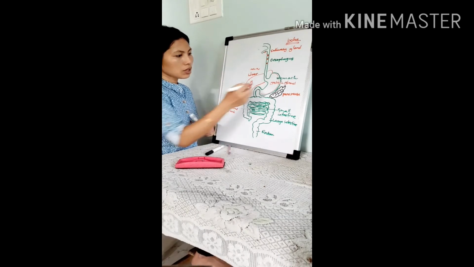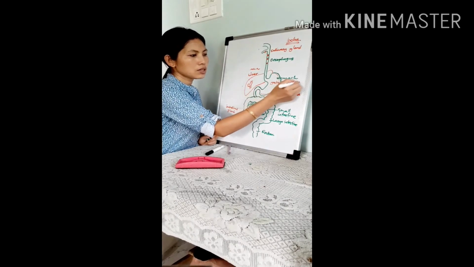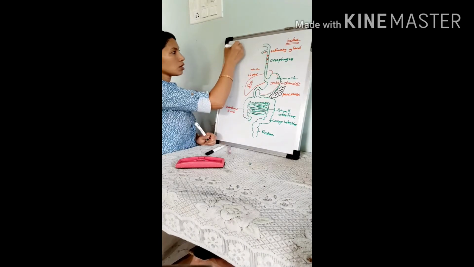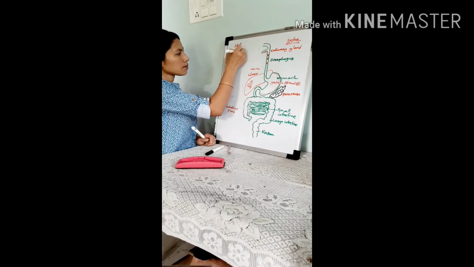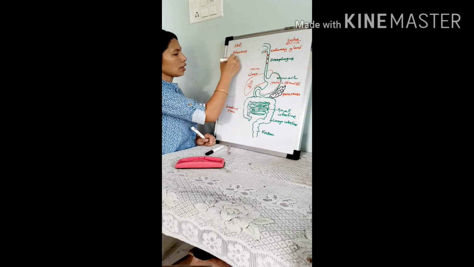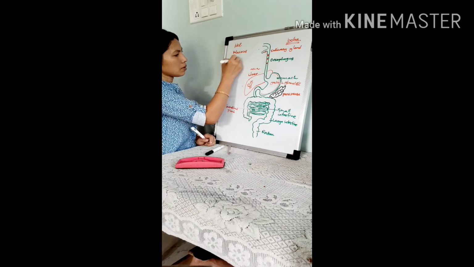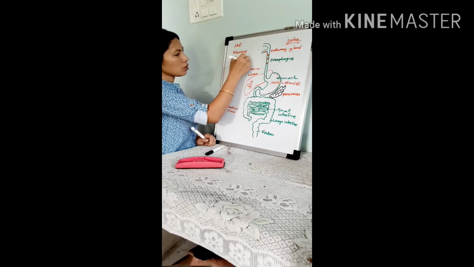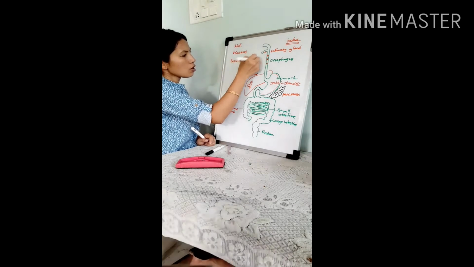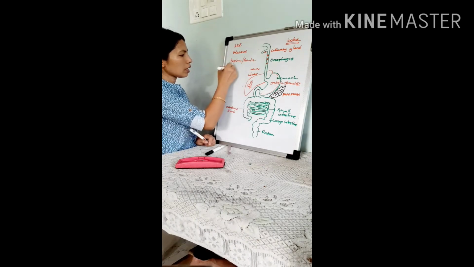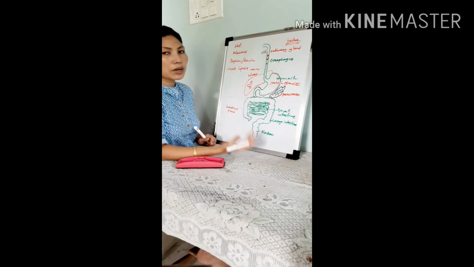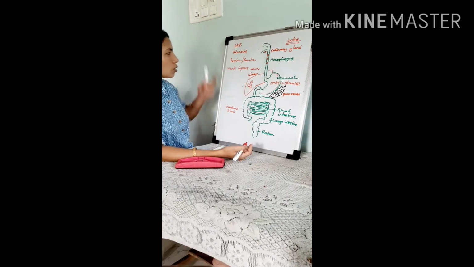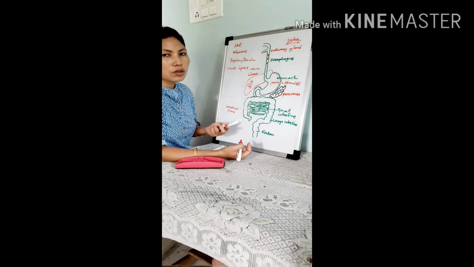The substances secreted by the gastric gland include hydrochloric acid, mucus, and the enzyme pepsin, or renin in infants, or some weak lipases. Each one of them has a specific role to perform.